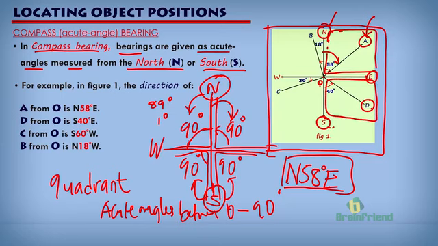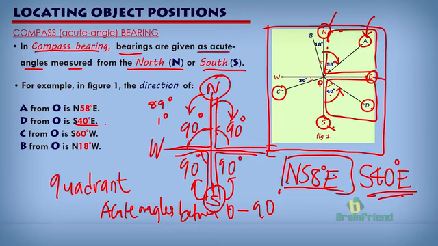So again, we take our measurement from the south, and it was given to us as 40 degrees. So we have our direction as 40 degrees, but where exactly is it? It is in between the south and the east. So we write that as south 40 degrees east. South 40 degrees east.